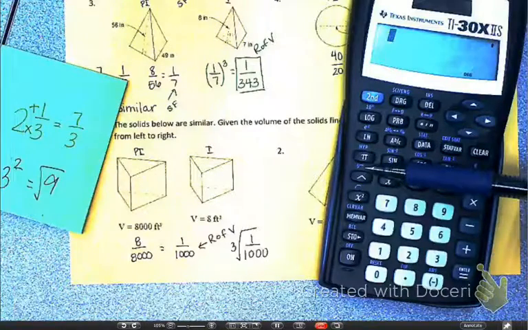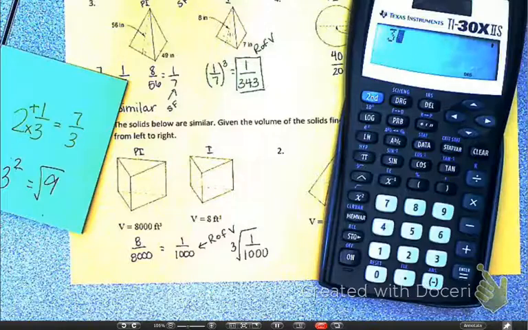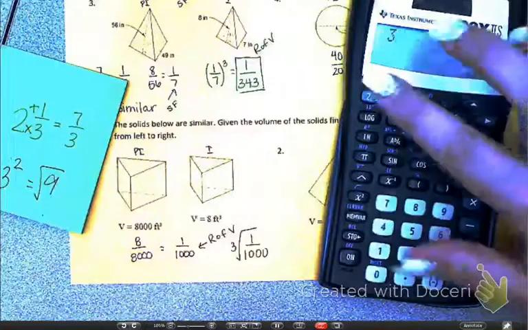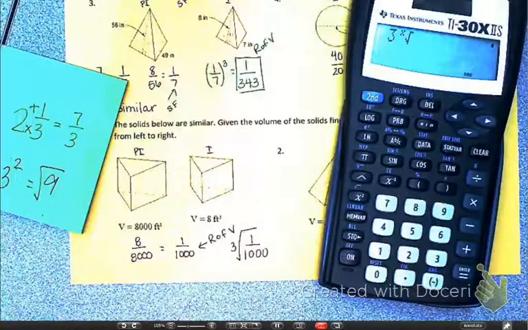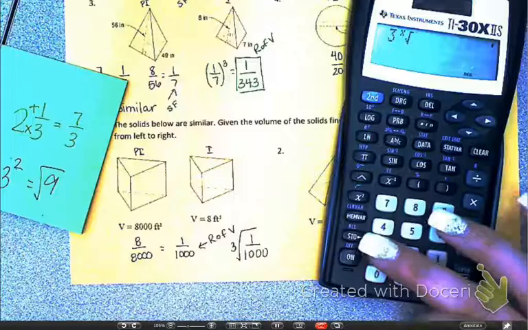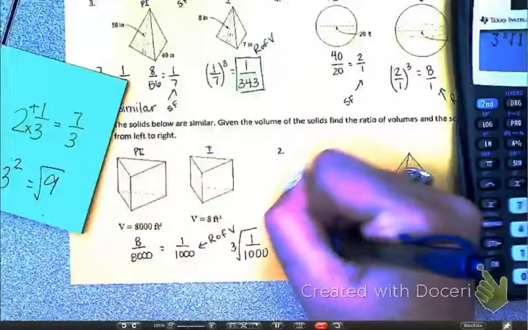So if we're taking the cube root, we're going to type in 3 because that's what's being replaced with that X. And then for me, I'm going to hit second and then that button. So I get that 3 root. That's going to be the cube root. And now I'm just going to plug in my number. The cube root of 1 is 1, right? Because 1 times 1 times 1 is 1. So the cube root of 1 is 1.